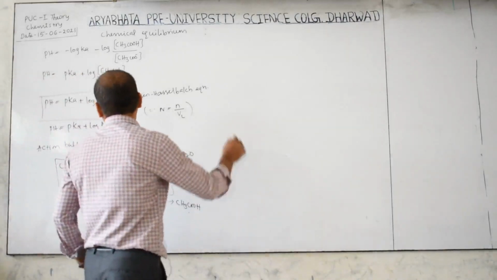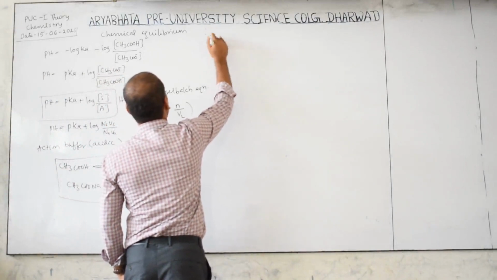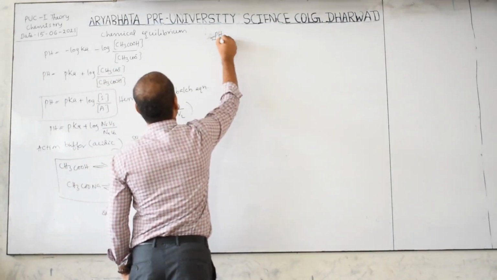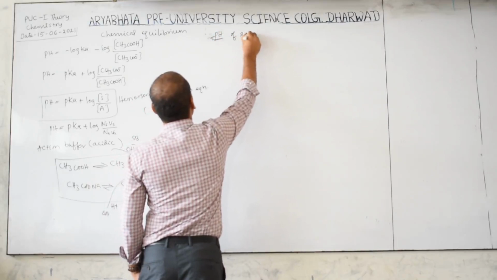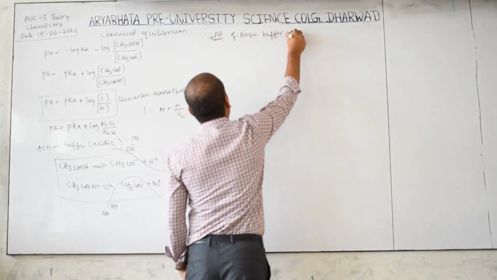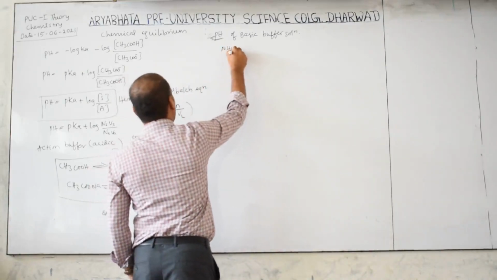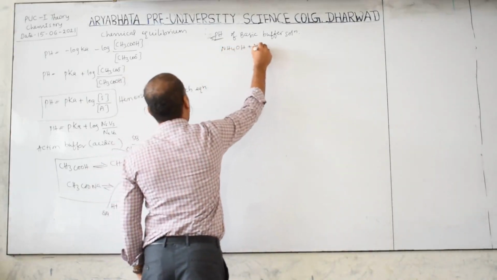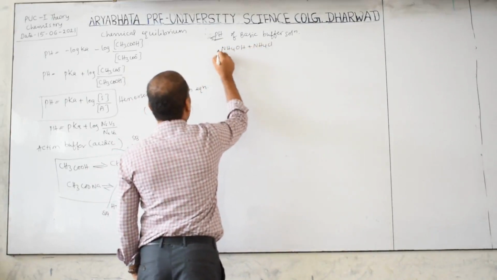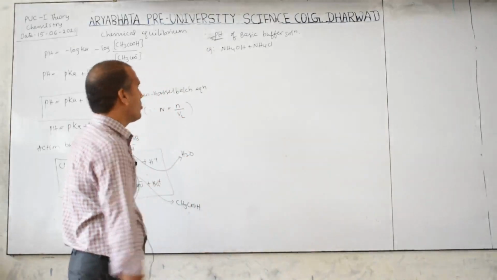Next, basic buffer. pH calculation of basic buffer solution. One example already we know that NH4OH plus NH4Cl. This is the one example for basic buffer solution. Not only this example, many examples are there.